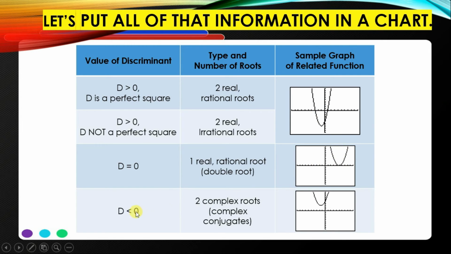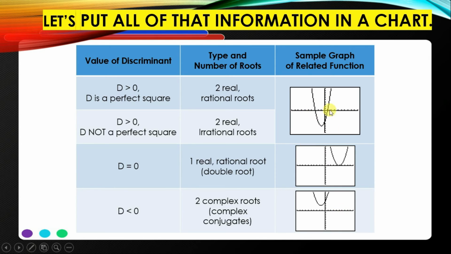And finally, if you have a negative value, meaning the discriminant is less than 0, you will have two complex roots or no real roots. Therefore, our x-axis will not be touched. So, there will be no intersection on the x-axis because we don't have any values for our x.